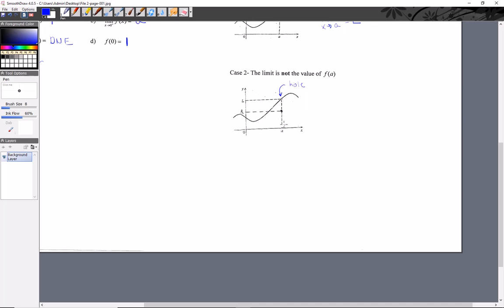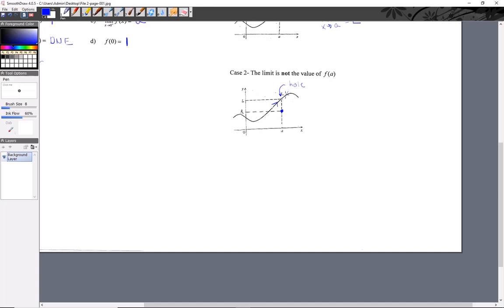So at this a value, there's actually a point that is off of this particular curve. This is not continuous. The curve has a break in it. And at that particular value where x equals a, the curve doesn't have a value, but there is a value where x equals a. So here's the neat thing about it.